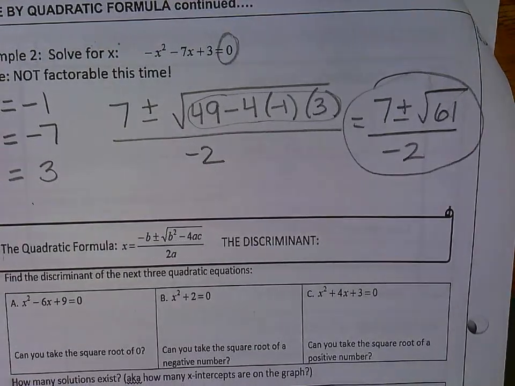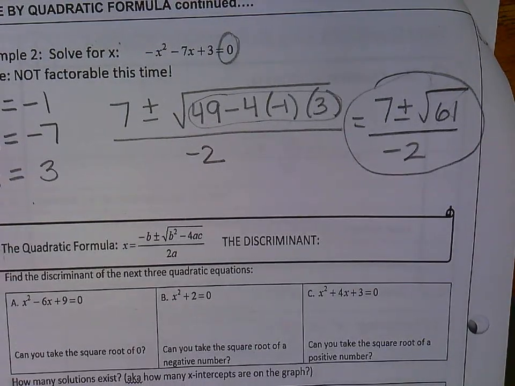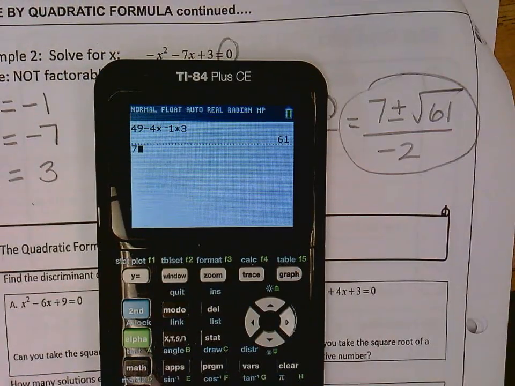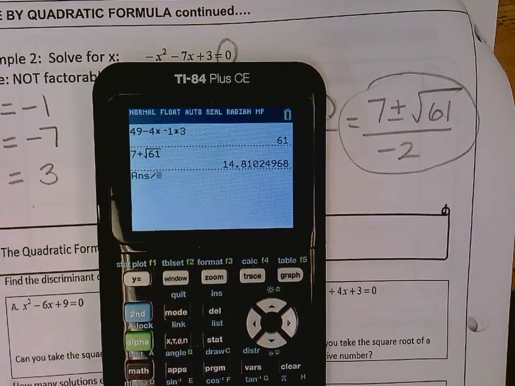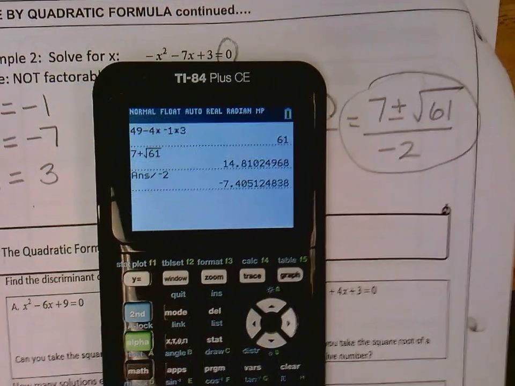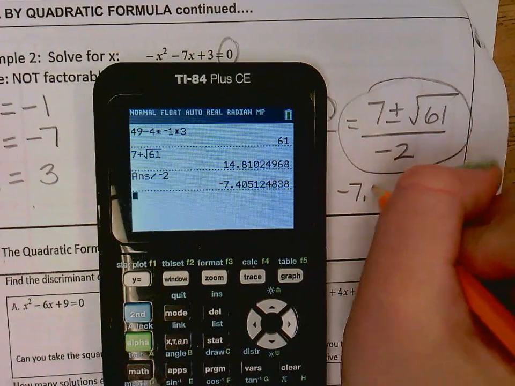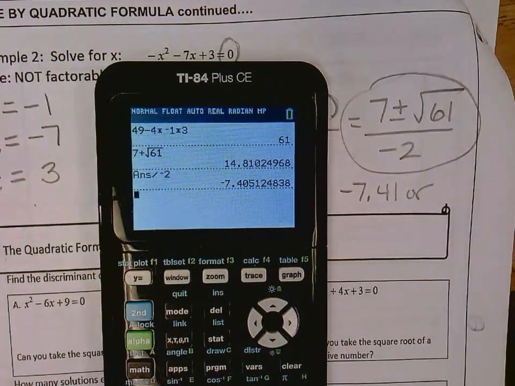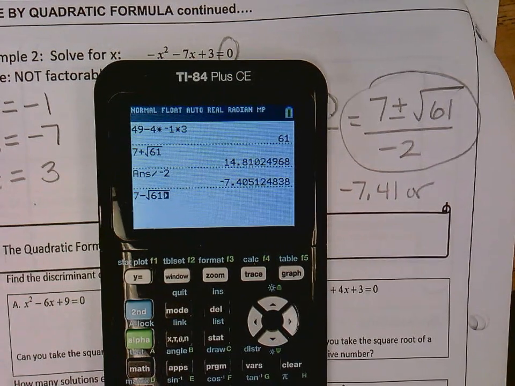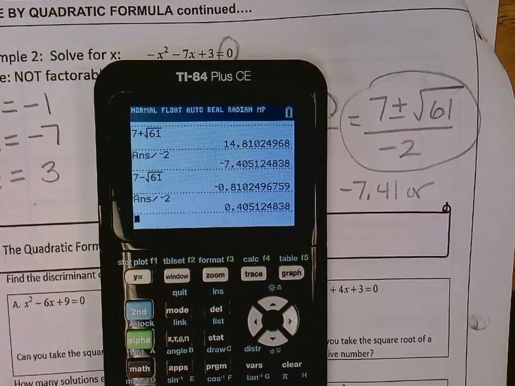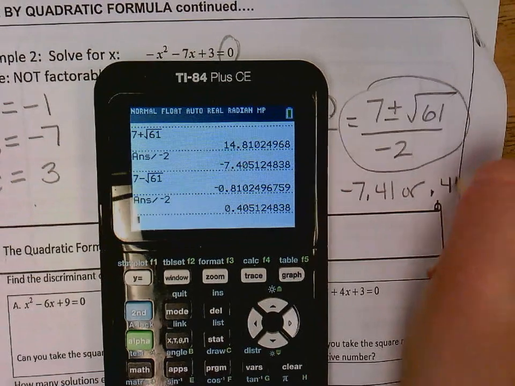Then if you wanted to go further to find the decimal, you could actually type 7 plus the square root of 61, hit enter, divide by -2, and get -7.41, or then I would have to do it again. 7 minus the square root of 61 divided by -2, which is .41.